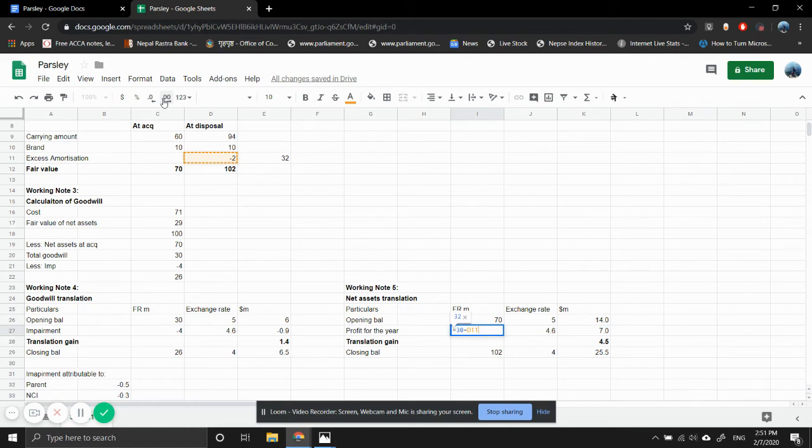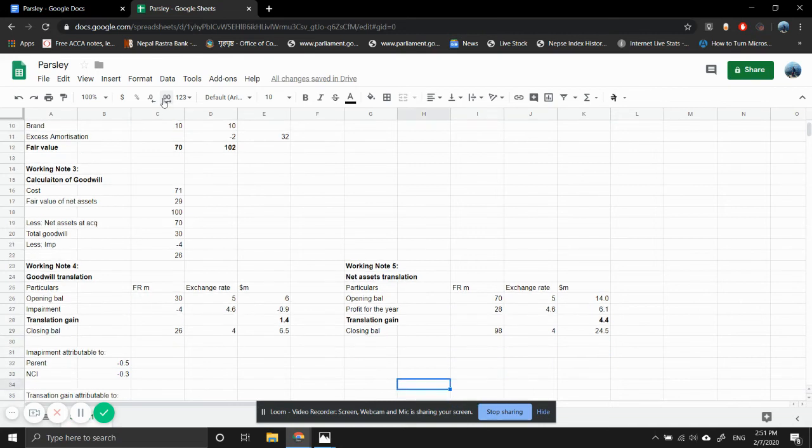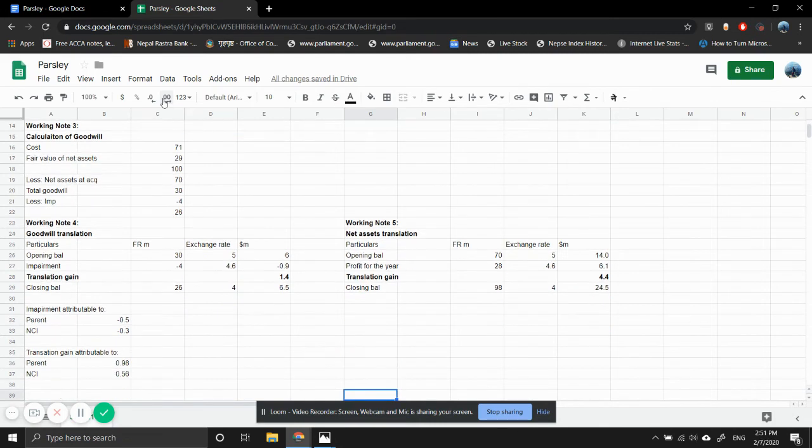This is not 32, it should be plus. Now it's good. Okay, so this translation, I mean transaction gain or loss, will be attributed the same way over here as well, but only this figure will change, 28, 828, right?